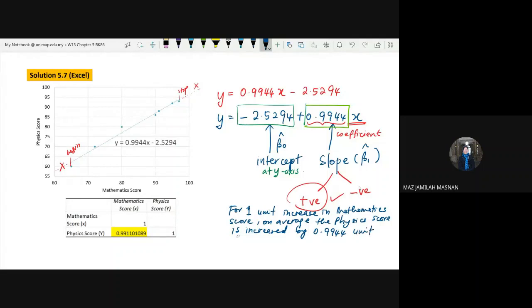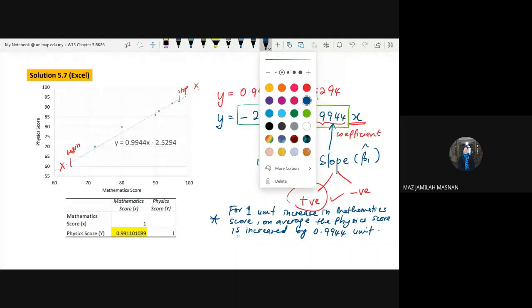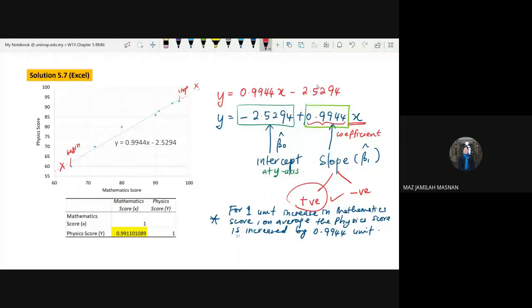Okay, so this is the one that you need to understand. So let's say if this is negative, how shall I conclude?